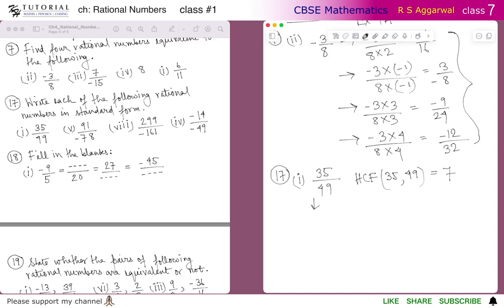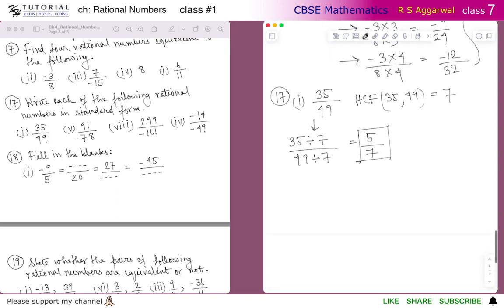Then in the second step, we divide both the numerator and the denominator by the HCF, and we get 5 by 7. So this is the rational number in standard form of the rational number 35 by 49.